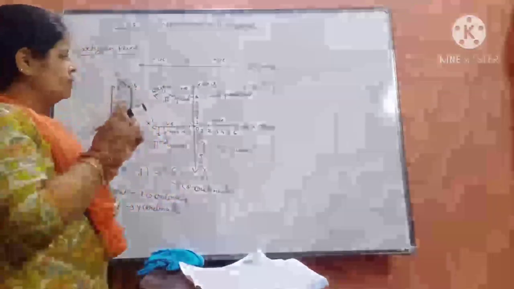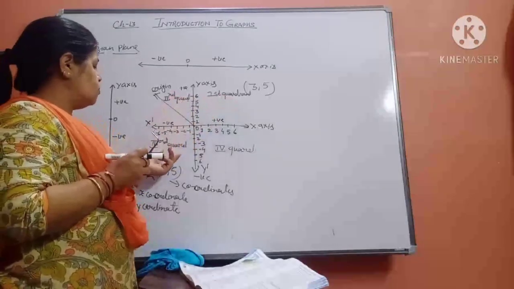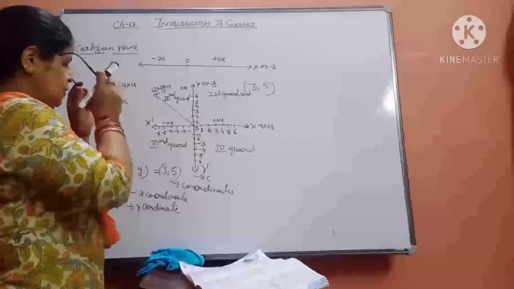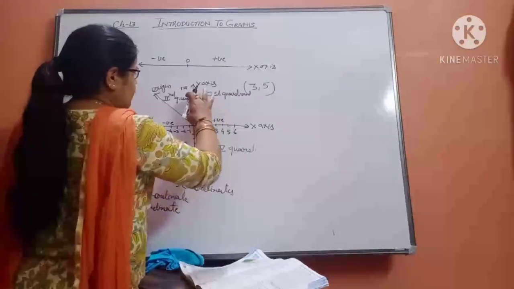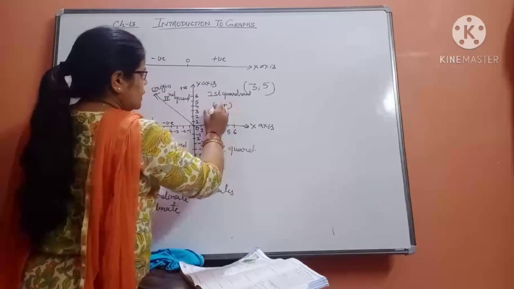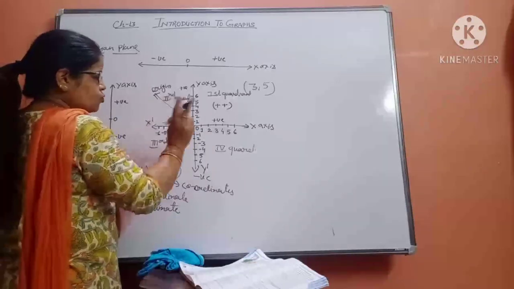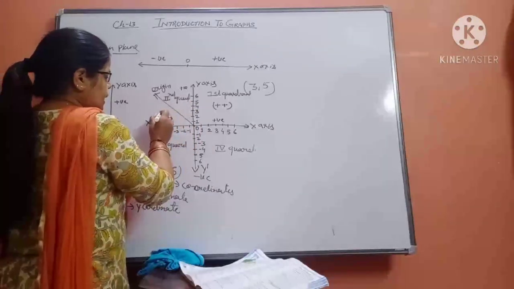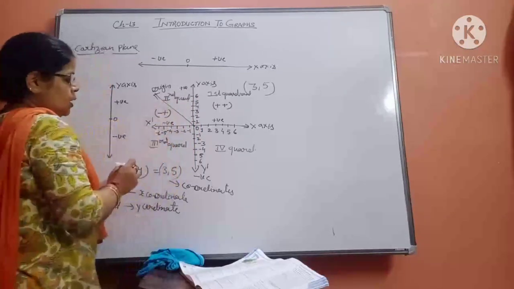Now see that beta, I explained you that this is first quadrant, second quadrant, third quadrant and fourth quadrant. In the first quadrant, x and y both are positive, so plus and plus values will lie, okay. In the second quadrant, x is negative, the first point is negative, then minus, and y is positive, so minus and plus will lie, okay.